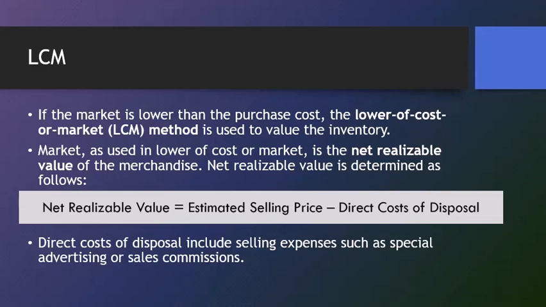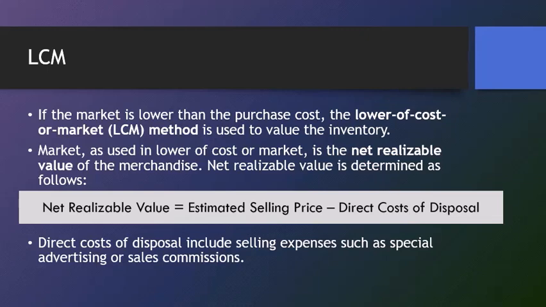However, they changed it a few years ago, and now when we're looking at the lower of cost or market, we focus on net realizable value, which is simply the estimated selling price less any direct cost of disposal. If there are no direct cost of disposal, then it is just simply the estimated selling price, okay?